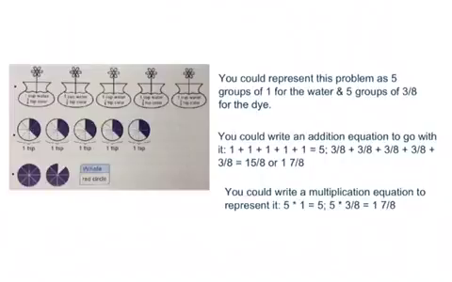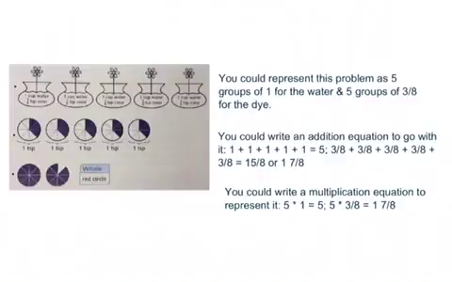That makes sense, right? I could write addition equations to go with it. 1 plus 1 plus 1 plus 1 plus 1 equals 5. 3/8 plus 3/8 plus 3/8 plus 3/8 plus 3/8 equals 15/8, or 1 7/8, right?